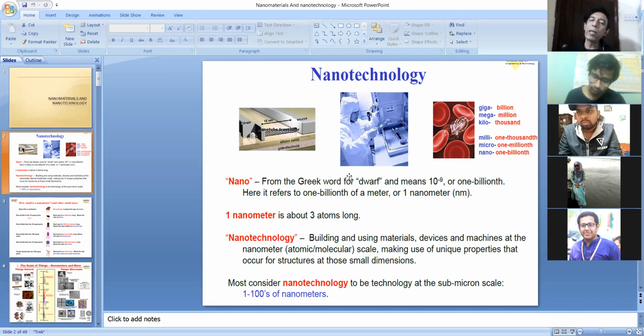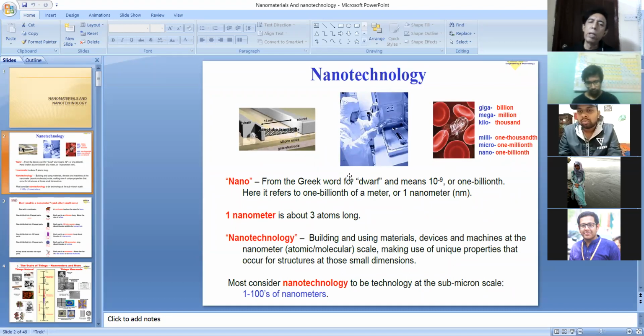But if a particle has a length of 500 nanometers, then we will not call it a nanoparticle. So a particle with a length of 1 to 100 nanometers is known as a nanoparticle, and the technology developed with this particle is known as nanotechnology.